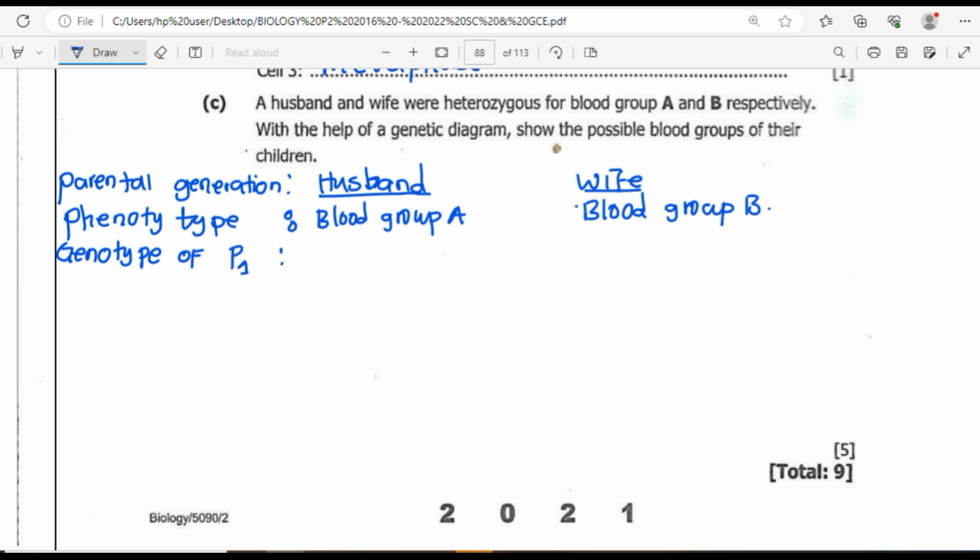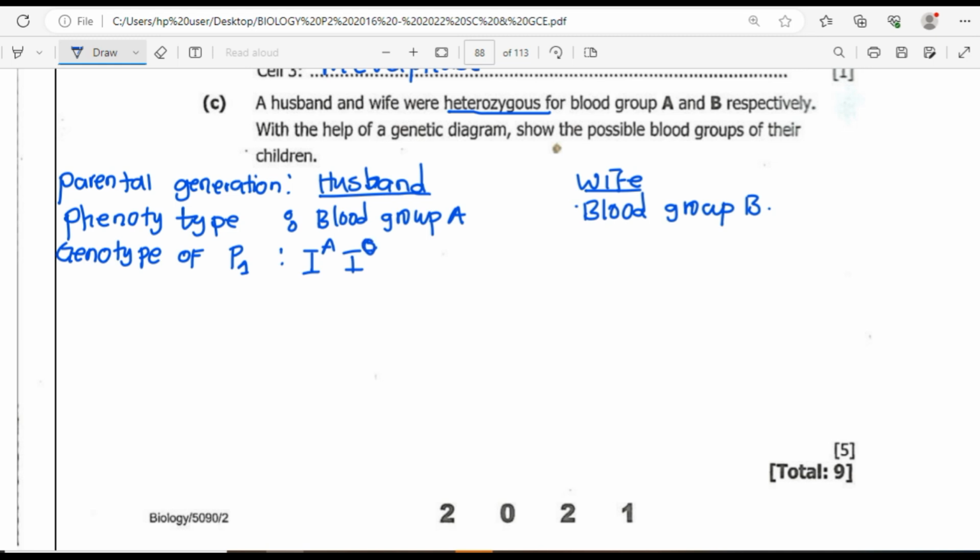So how do you do this? Let's look at the statement. Whenever you have heterozygous for A, it is just AO. Heterozygous, there is A and O. Even for B, BO. You can write it like this, or if you want, you can use the letter I. This is the heterozygous.